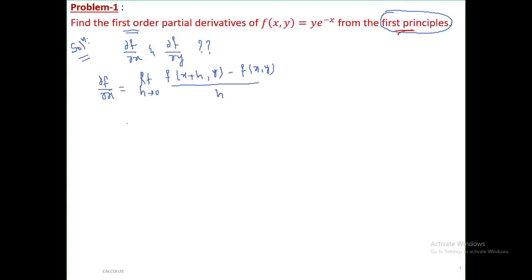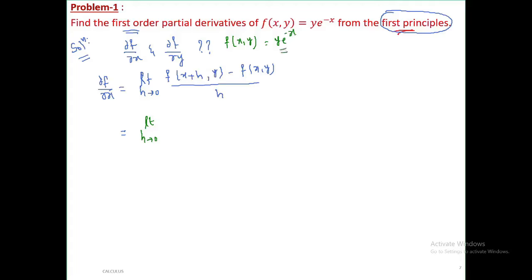Now let me proceed with this. Limit h tends to 0. Let me write here what is f of (x, y). So f of (x, y) is y into e power minus x. Now what is f of (x plus h, y)? Wherever x, there you write x plus h, and wherever y, there you write y in this function.